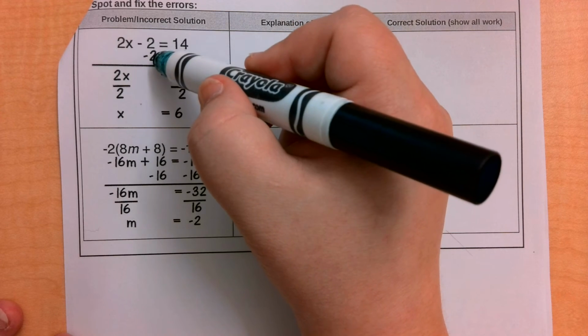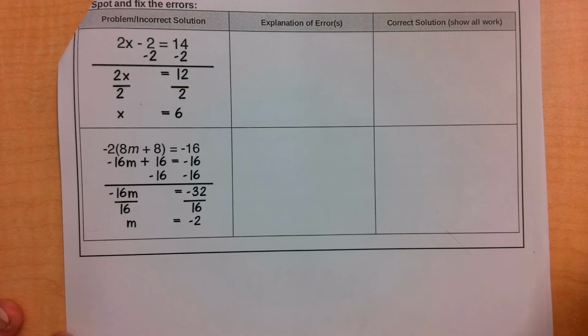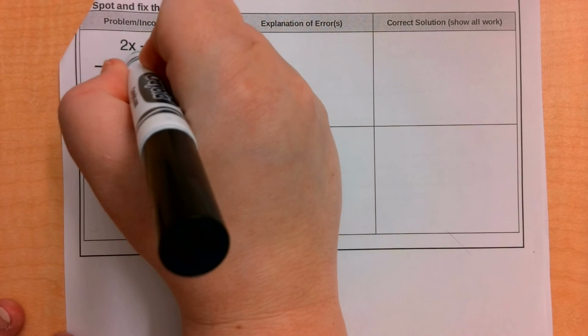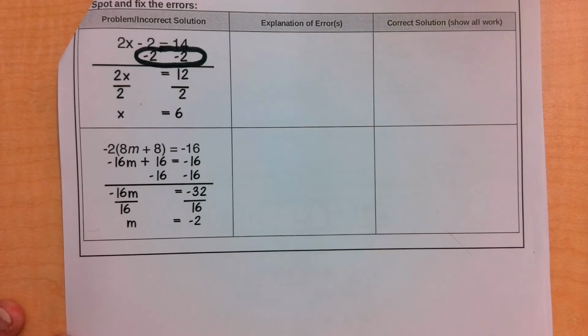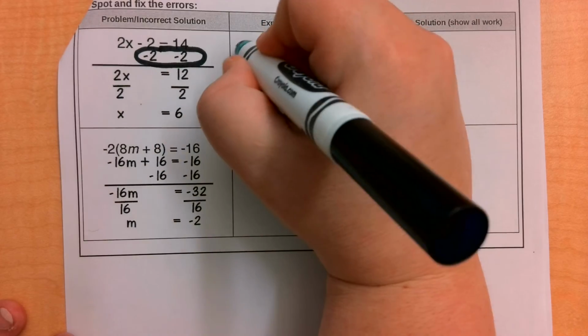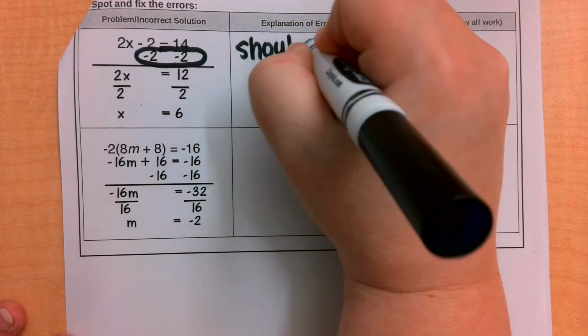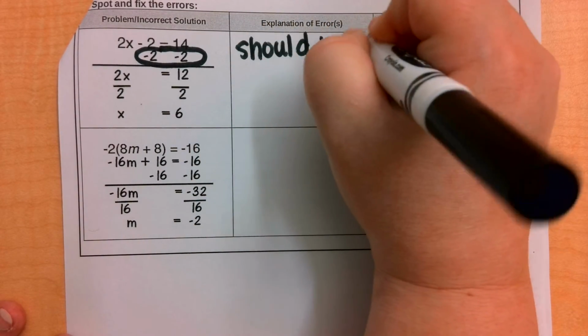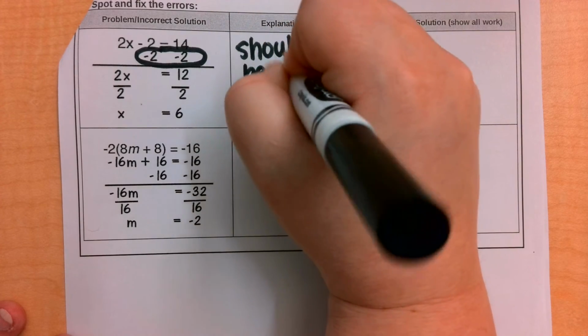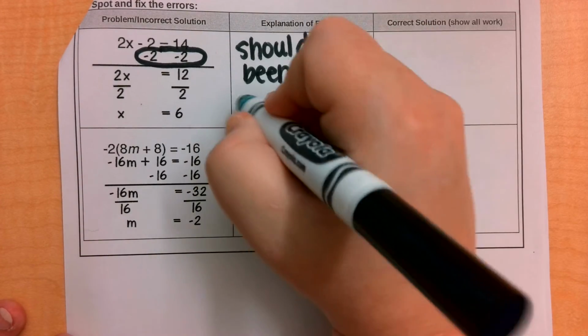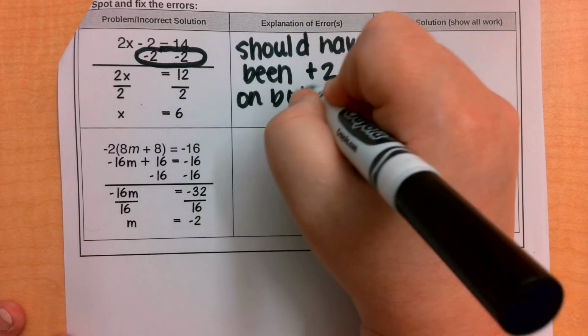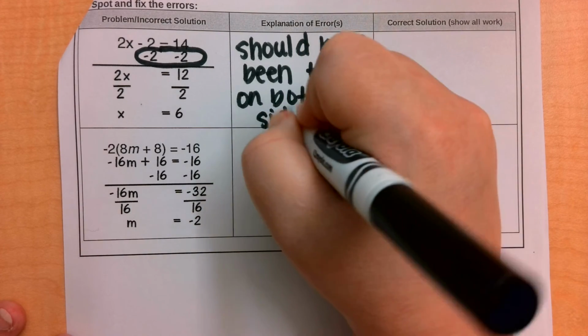There's a minus 2, so the opposite is minus 2. Nah, this is where they made their mistake. What mistake did they make? What should it have been? If you said plus 2 on both sides, you are correct.